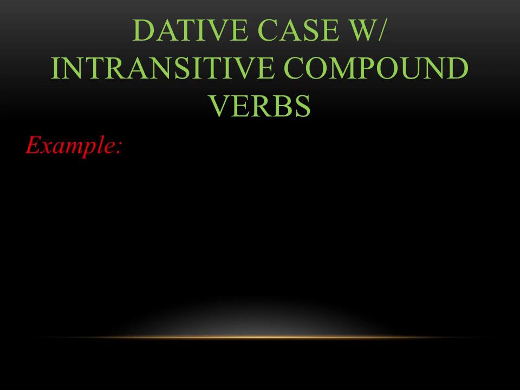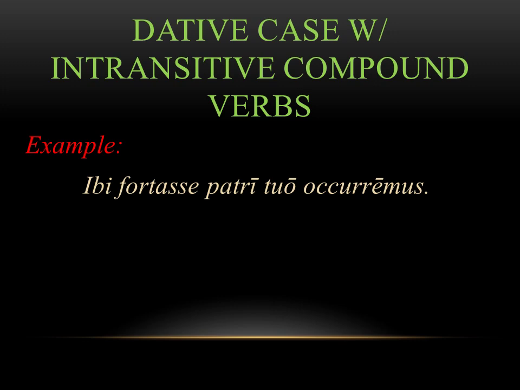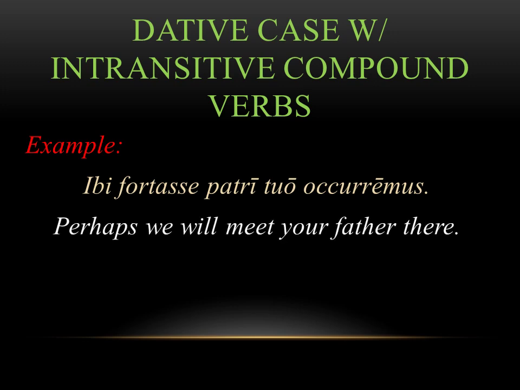So let's take a look at an example of this. If you had ibi fortasse patri tuo occurremus, it means perhaps we will meet your father there. If we break this down, you're probably going to start by asking the question, who will we meet? The answer is patri tuo, which means your father.